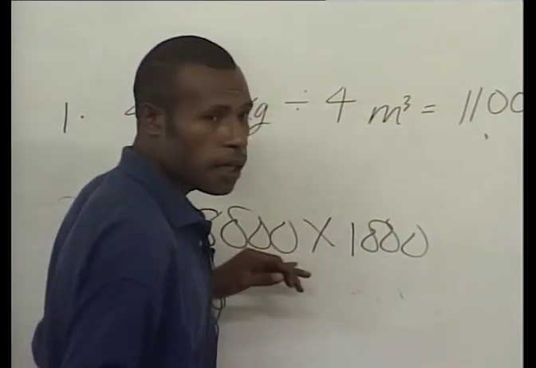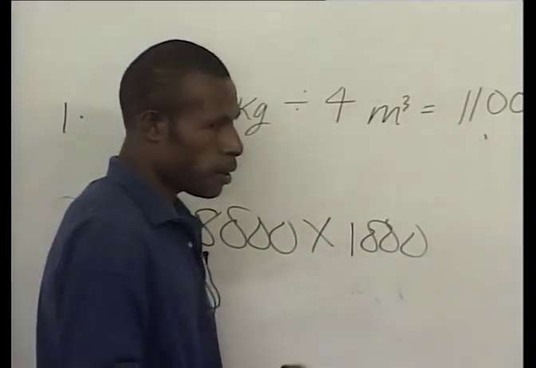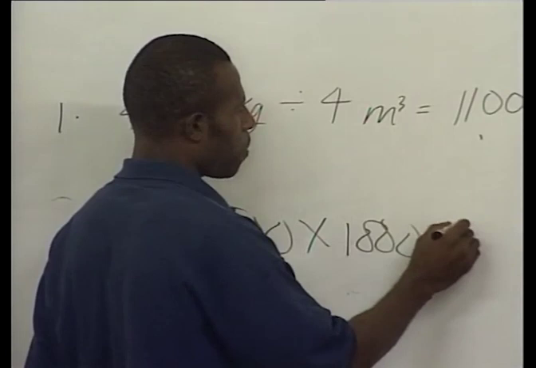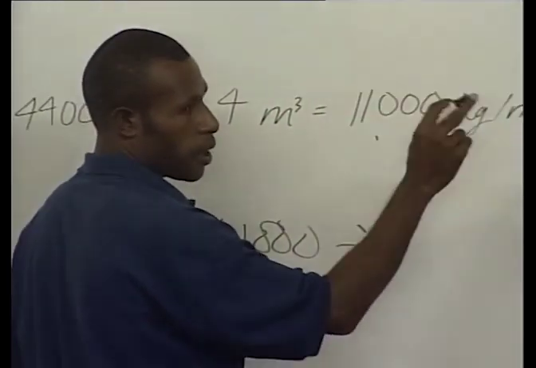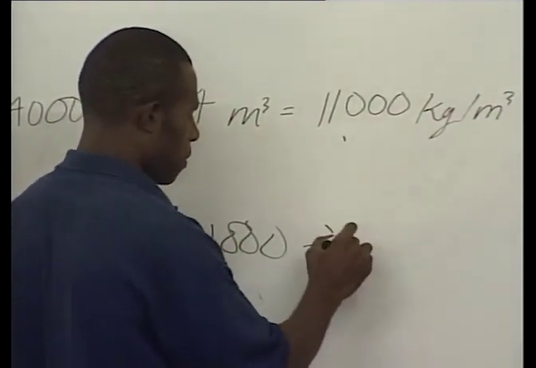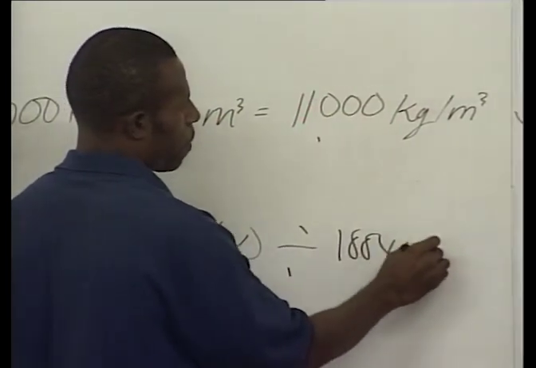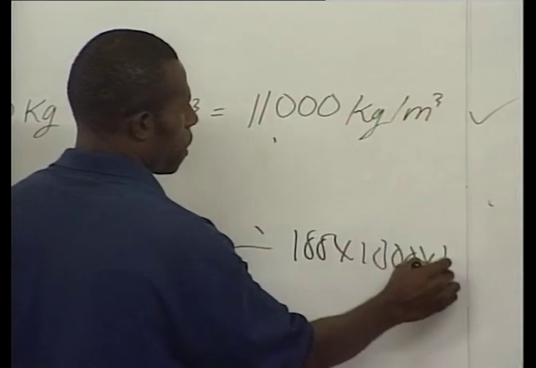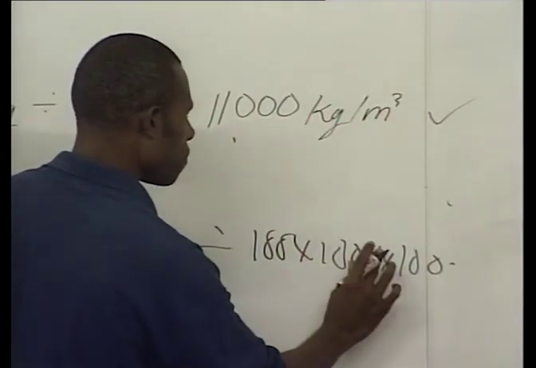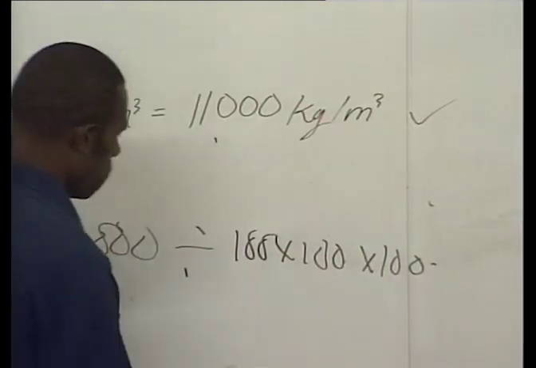So it is 8,000 times 100 times 100 times another 100, over 1.